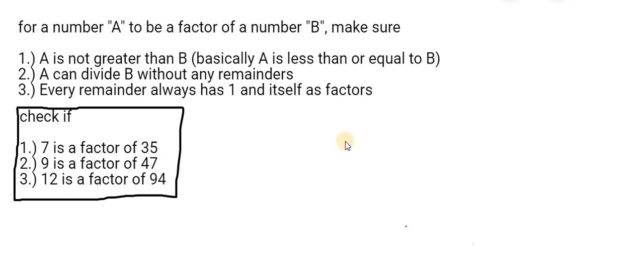Now, finally, 12 and 94. Is 12 a factor of 94? First things first, 12 is less than 94, so it could possibly be a factor. The second thing to check, does 94 divided by 12 produce remainders?